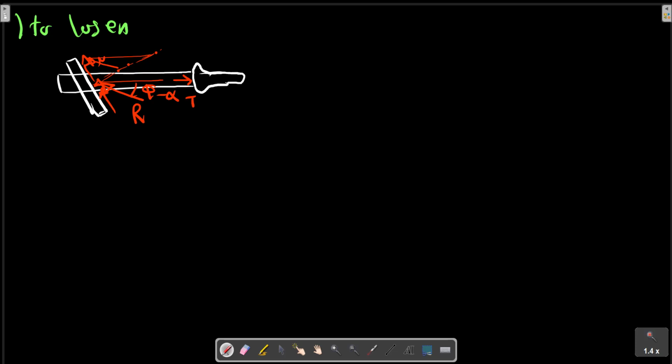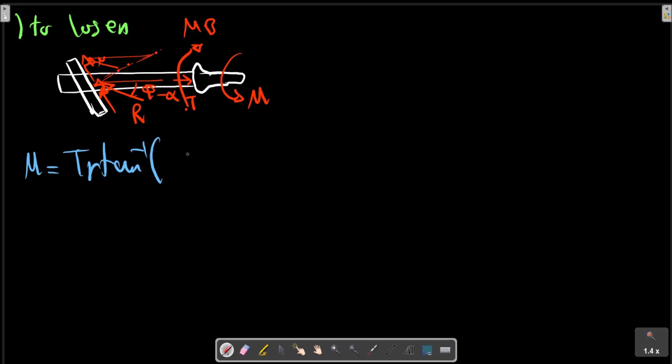T is applied here, M, and MB also in the opposite direction of the applied moment, MB. For loosening, the relation is M equals TR tangent of phi minus alpha.